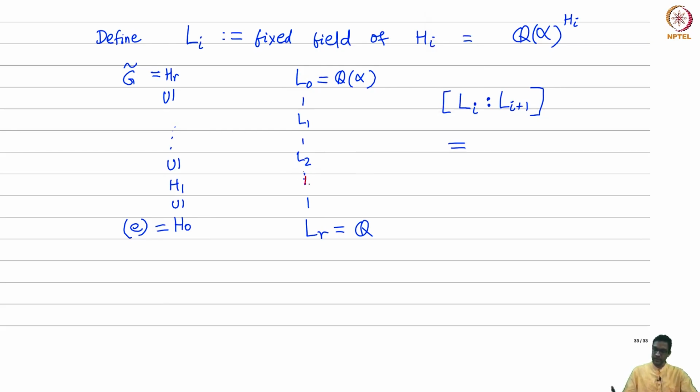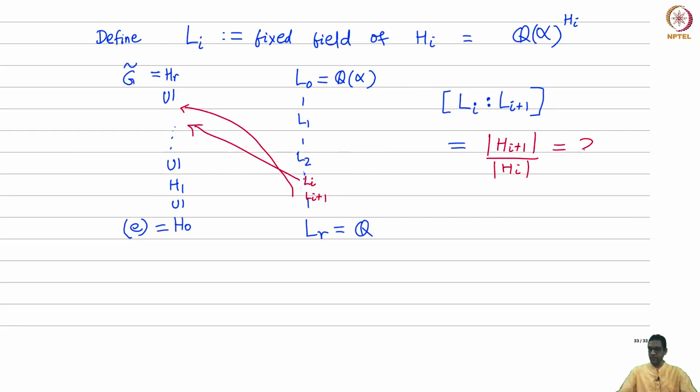So I'll have an Li somewhere, and L(i+1) comes after it. Li corresponds to Hi, L(i+1) corresponds to H(i+1), so it goes in the opposite order. The degree is just the cardinality of H(i+1) divided by the cardinality of Hi. Okay, this is just from the fundamental theorem again.